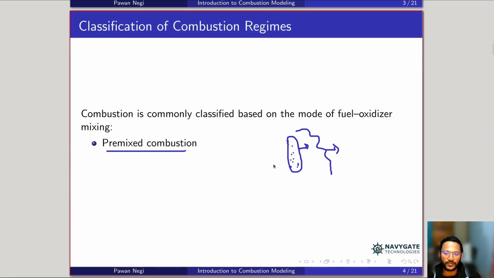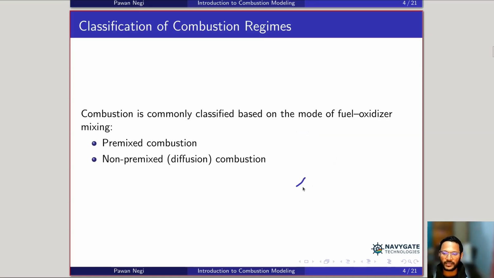And there is non-premixed combustion, where we are interested in finding out that if there are two species, one is fuel, another one is, let's say, oxygen, and they are mixing up, then how this particular combustion is going to take place. Then we have to take care of what region we'll assume as a completely mixed region, and in that region only a chemical reaction will take place.